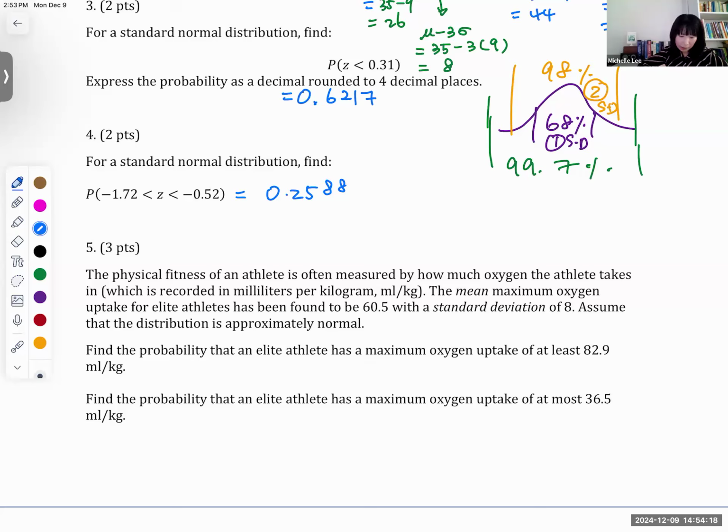So this is a mean, 60.5, and standard deviation is 8. And then this is a normal, right? And then we want to find the probability at least 82.9.